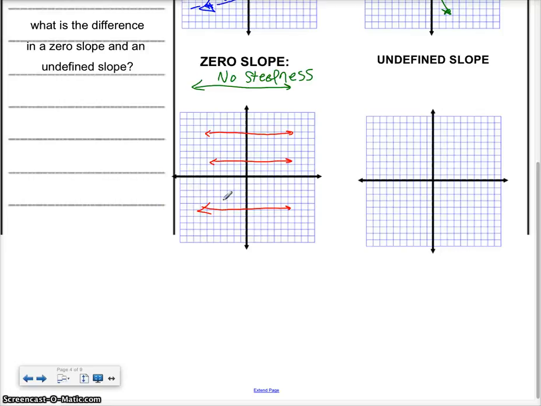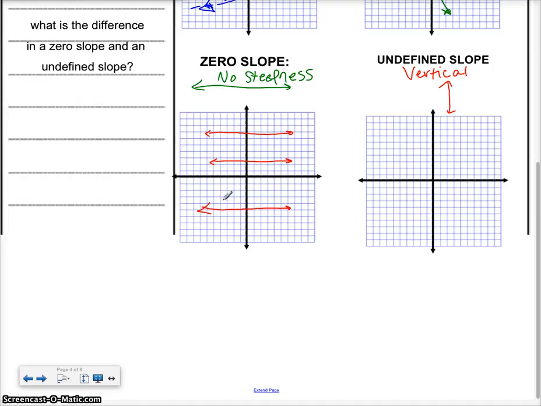And undefined means there's no way that you could climb it. Remember, it represents steepness. So you can climb a mountain, you can ski down a hill. Undefined means nope, you definitely cannot, and those are vertical lines. So it's like this.